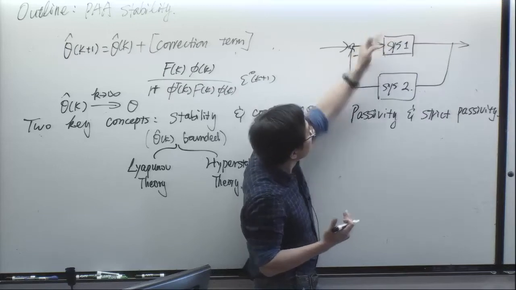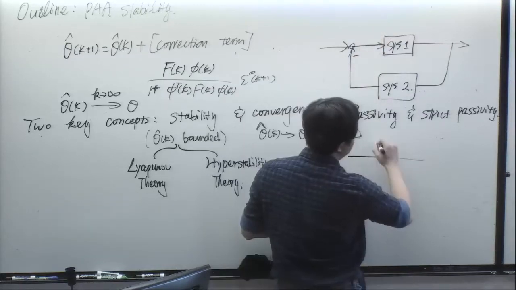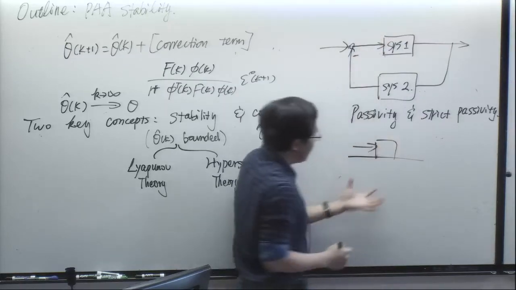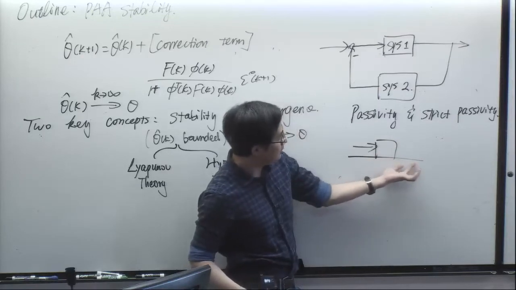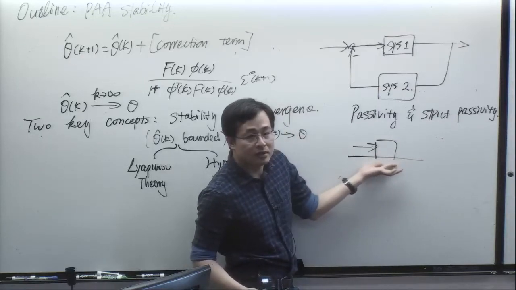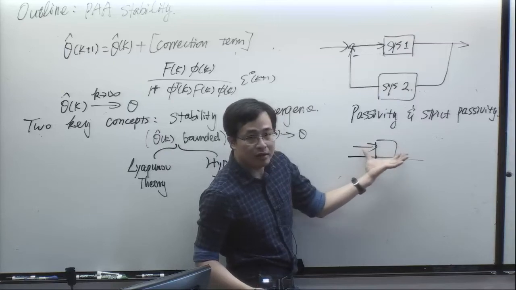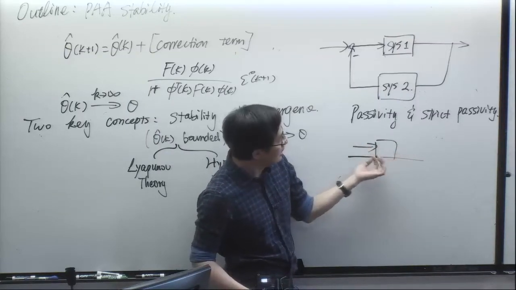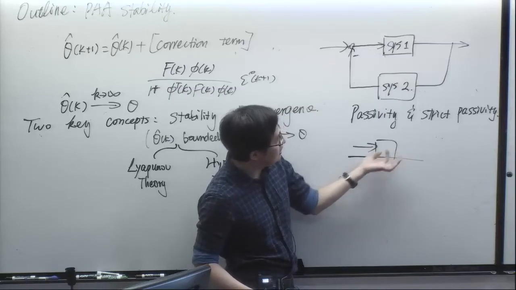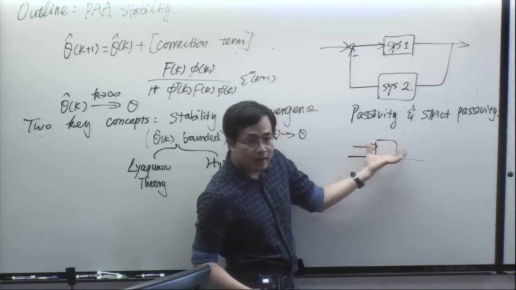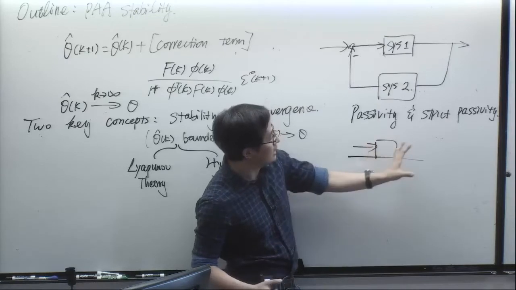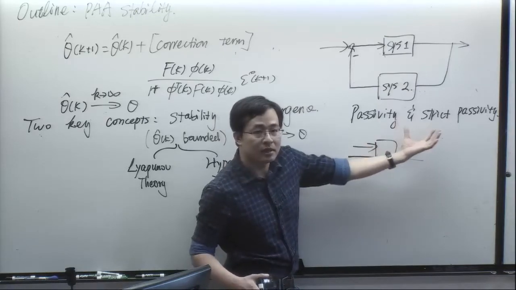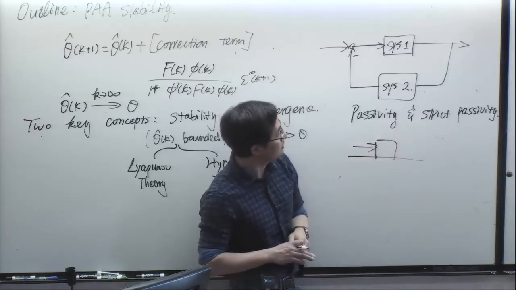All right? So, for example, if we have a moving mass, if the surface is frictionless, then no energy is generated. It's going to move around. The total energy is conserved. If there's friction on the surface, then eventually energy is going to reduce to zero. And then this system has the concept of strictly passive.